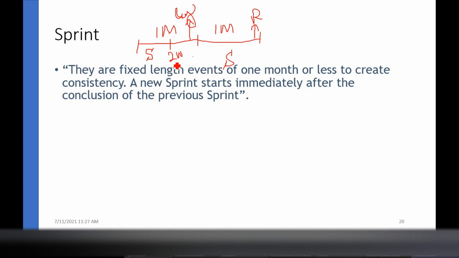Now immediately we can start our next sprint. This sprint was initially planned for 1 month, but the requirement is changed. So sprint S1 is stopped from here, because we work on fixed length events. If the events are changing, the sprint is changing automatically. Then from the second week onwards, we have another sprint S2.